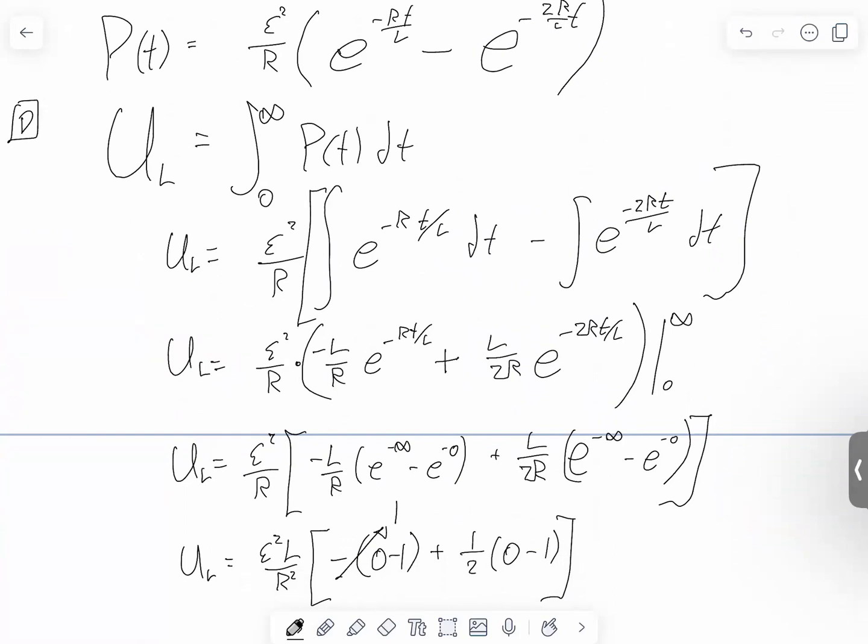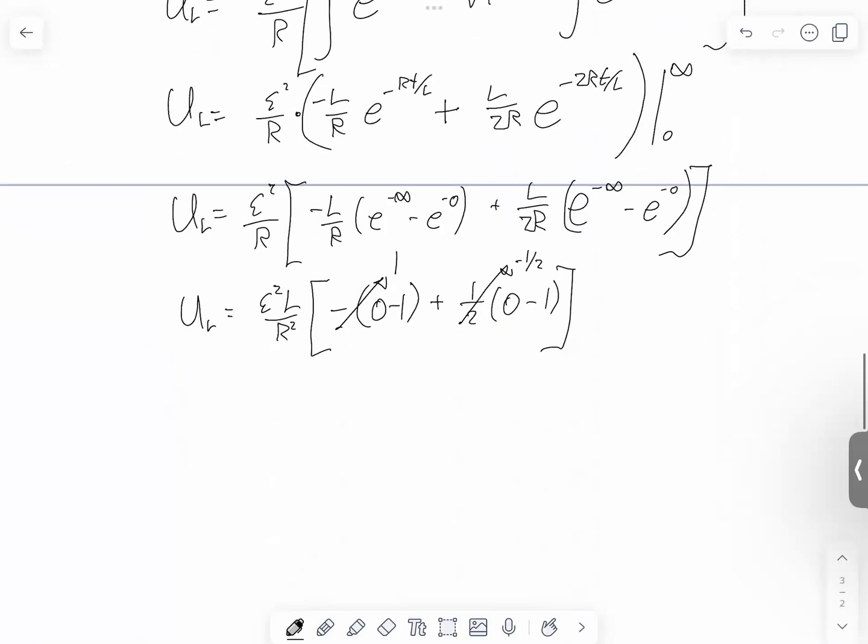Negative one. Divide by two. Negative a half. One minus a half. One half.